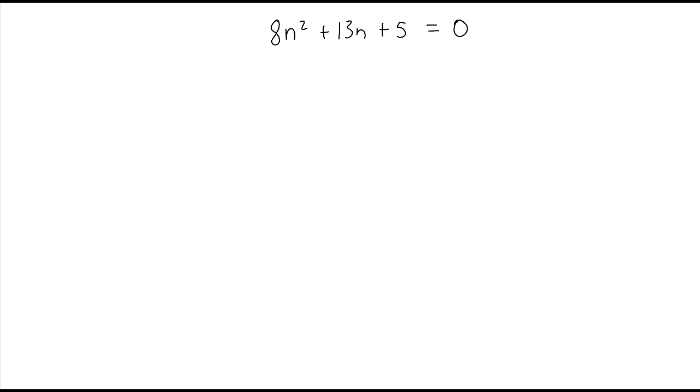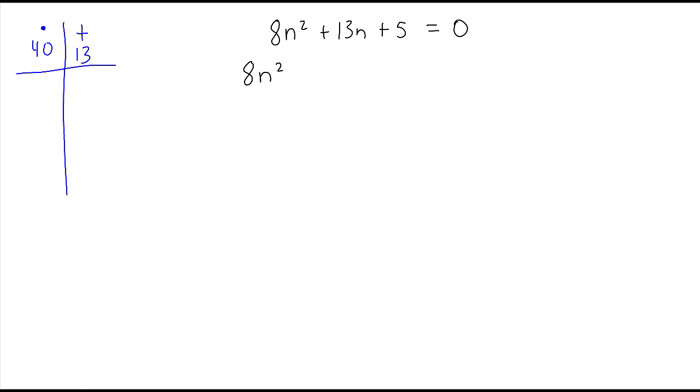I need to find two numbers that multiply together to give me 40, but if I add those same numbers together, they add up to 13. Remember, the goal here is to split 13n into two terms. I can bring down the 8n squared.